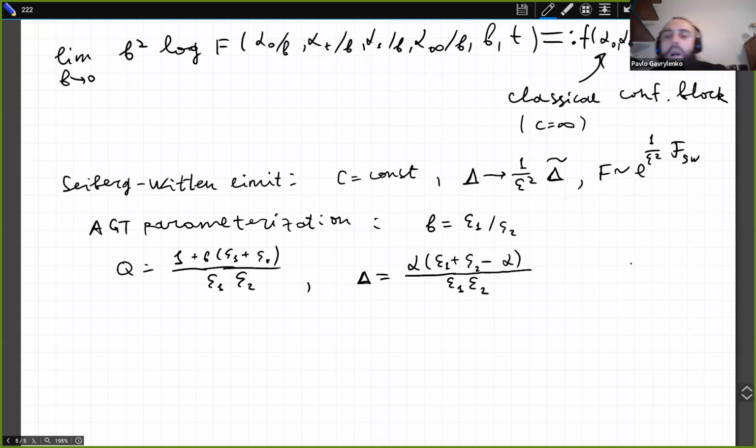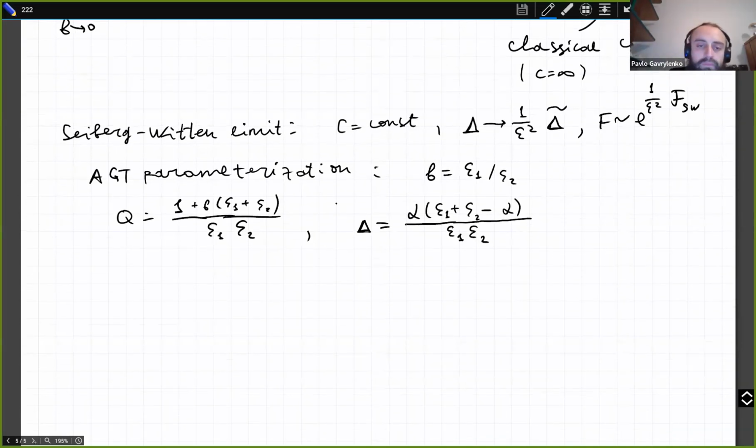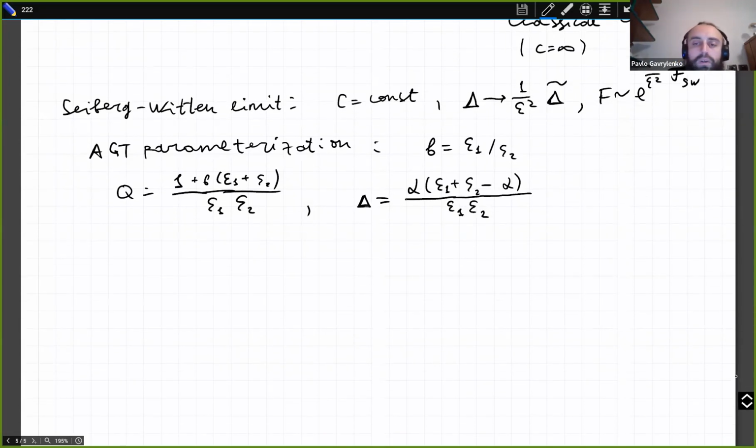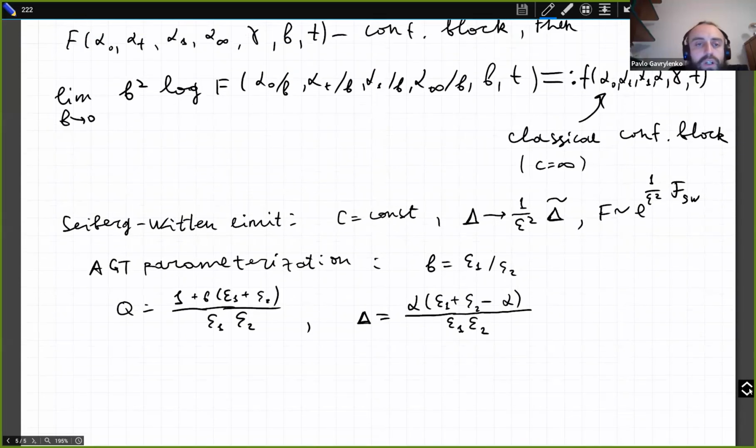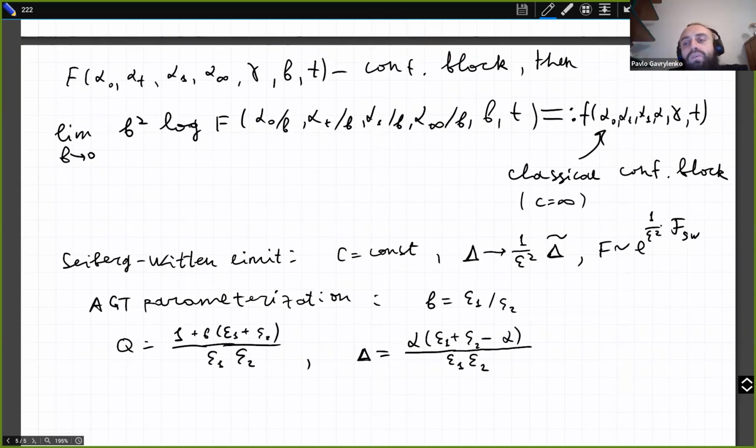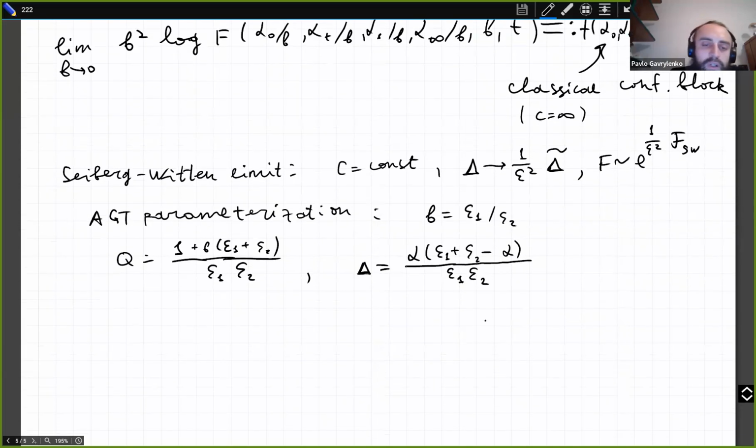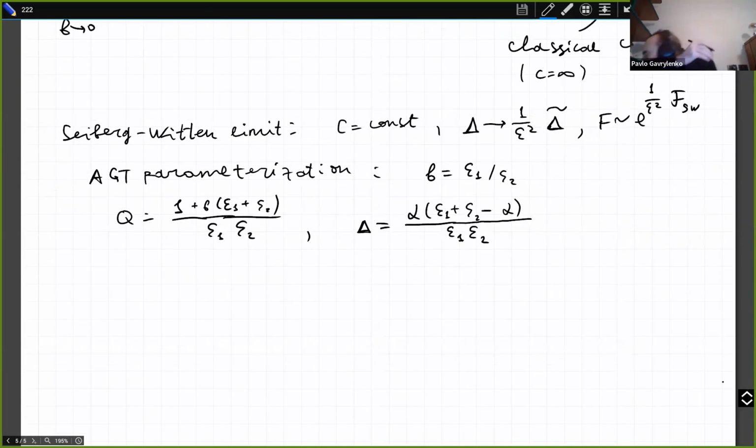By the way, this classical conformal block is also called the Nekrasov-Shatashvili limit. Maybe let me write it here.